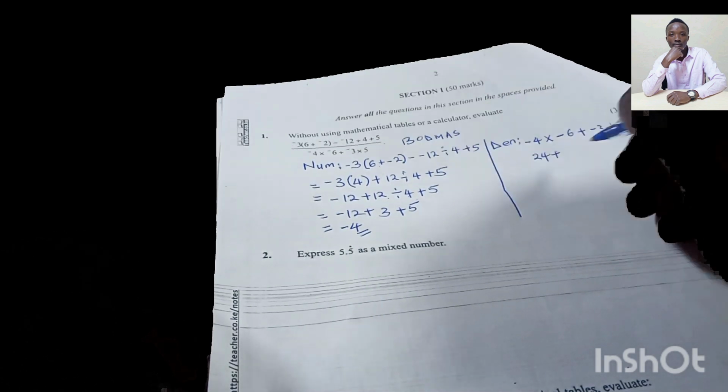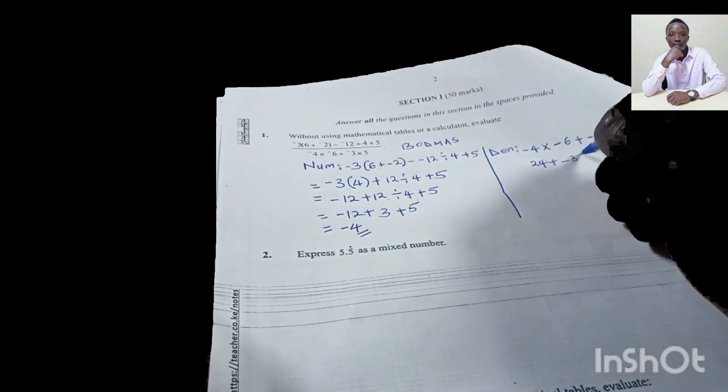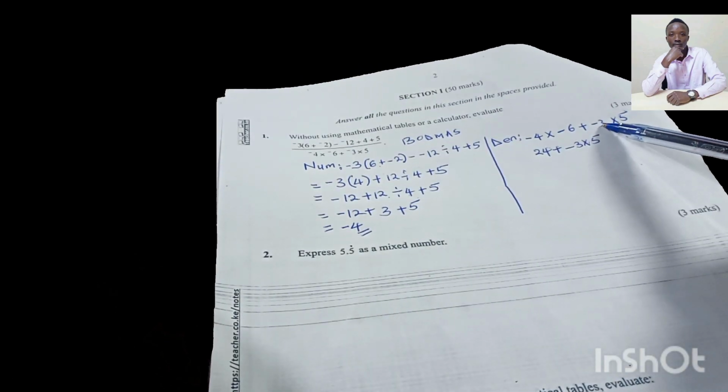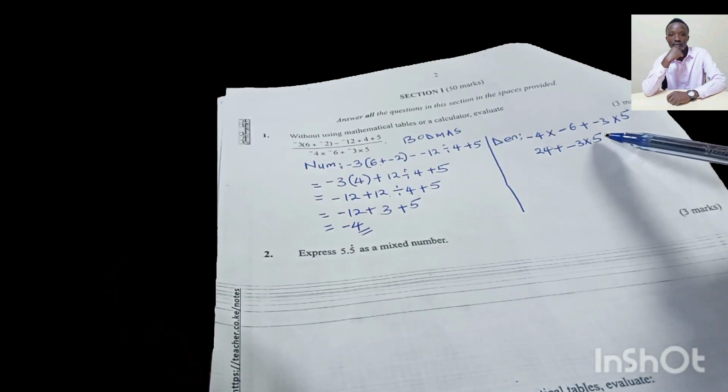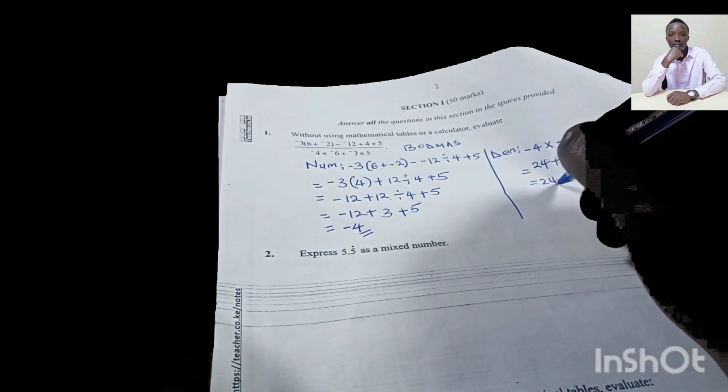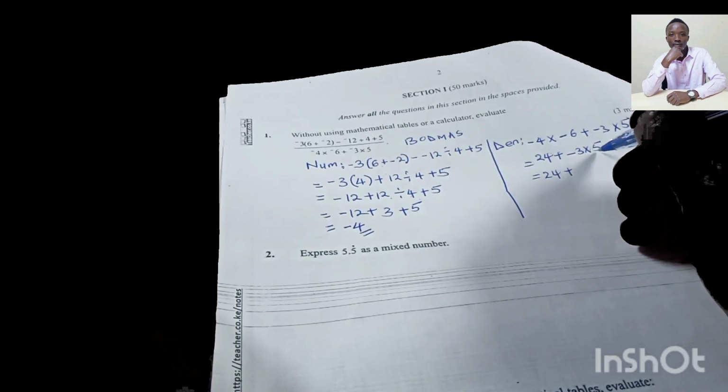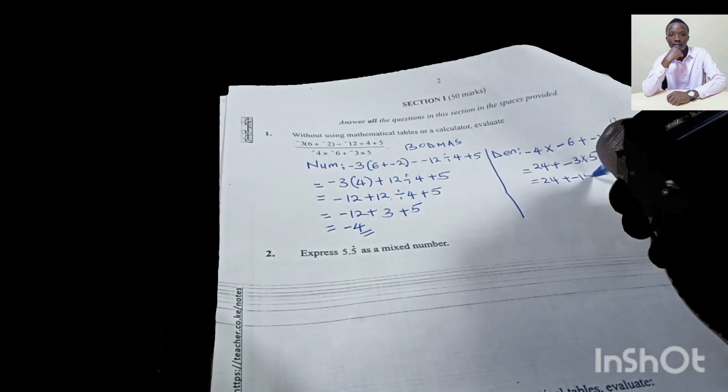So we will get 24 plus -3 times 5. We still have another multiplication, that is -3 times 5. A negative multiplied by a positive gives us a negative number, which is -15.